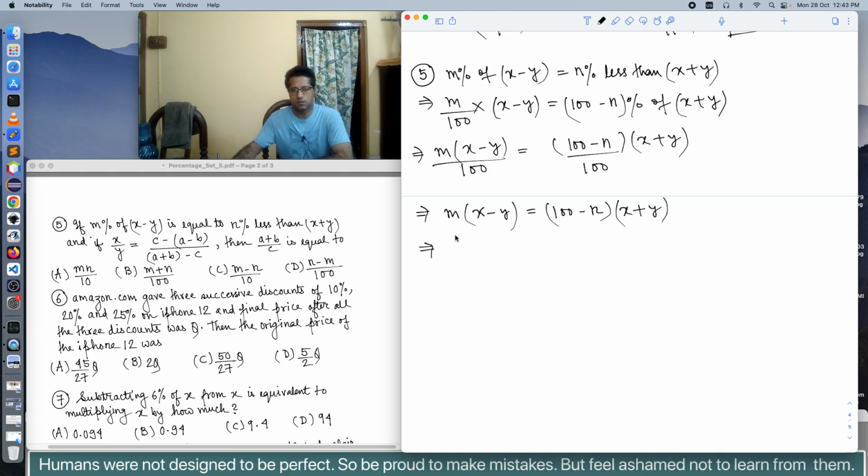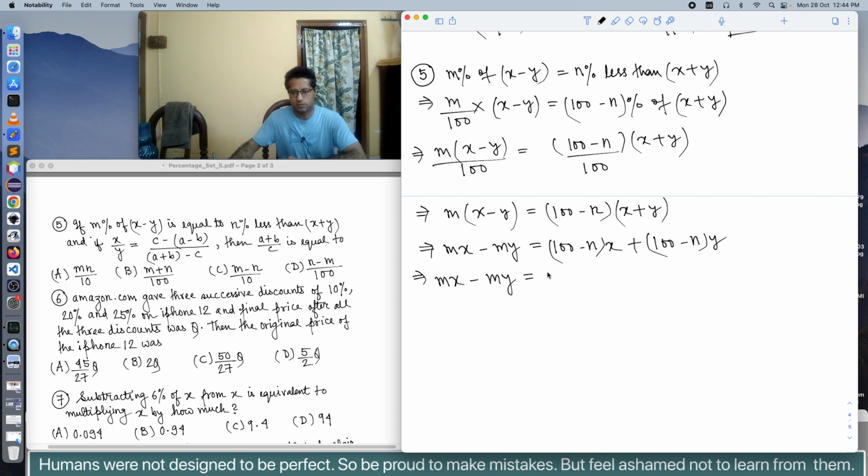So doing the products and simplifying, we get mx minus my is equal to 100 minus n multiplied by x plus 100 minus n multiplied by y, using the distributive law of multiplication over addition. Now this implies mx minus my is equal to, if you do the product of 100 minus n multiplied by x, you have 100x minus, let's not do the product.